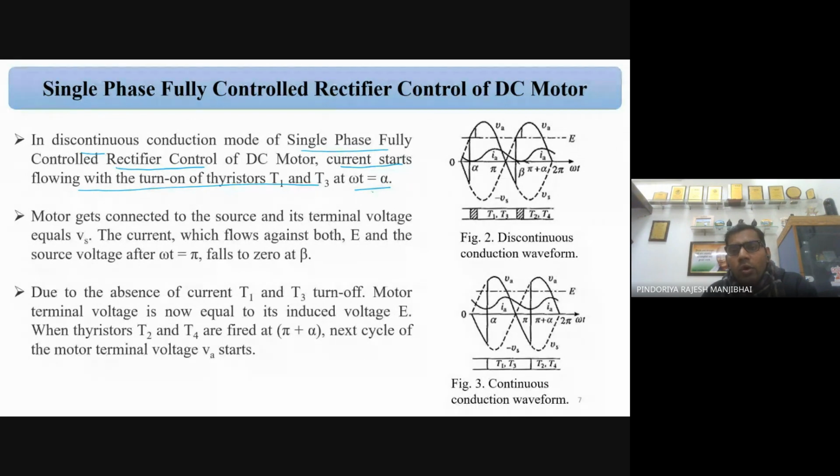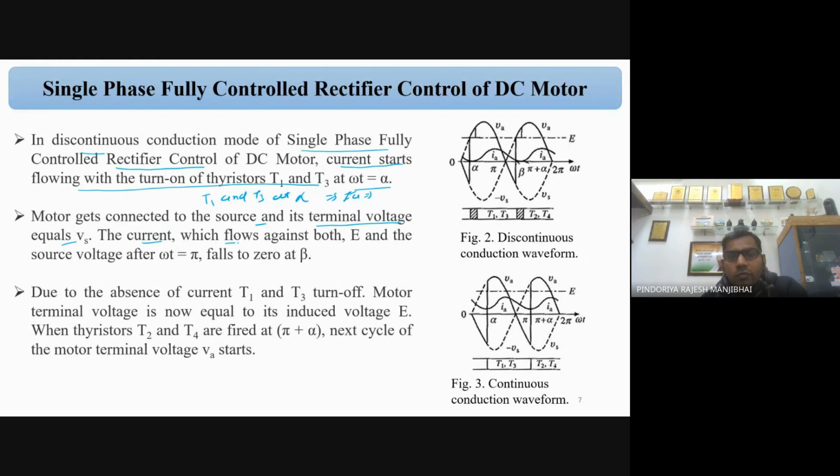So we can turn on T1 and T3 at alpha, and current is flowing from alpha. The motor is connected to the source, the circuit is now in a closed loop, so current is flowing and the motor starts running. Its terminal voltage is equal to Vs, which is nothing but Vm sine omega t.